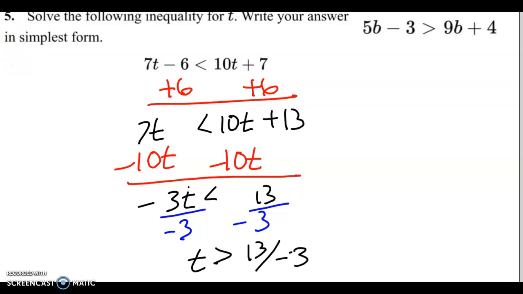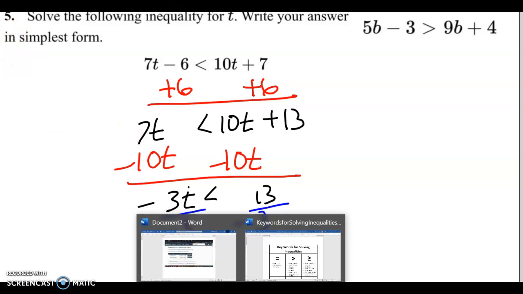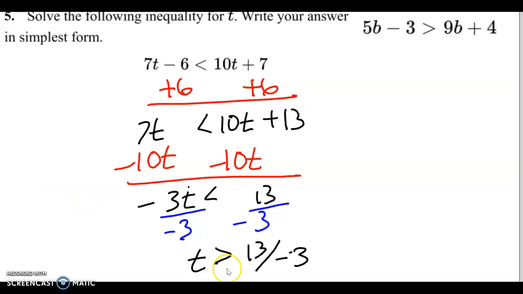If it can't, then you just leave it as it is and have it say t is greater than 13 over negative 3, because we swapped the inequality around. So on Delta Math, sometimes they don't come out even. So you're just going to leave it as a fraction.